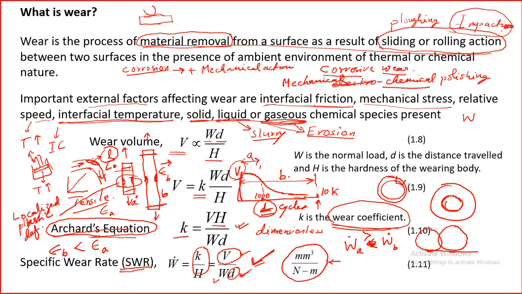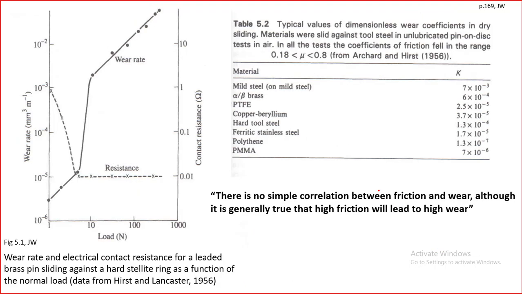This is a similar thing that we are experiencing in the case of wear measurement. As a standard, please keep all the parameters, including the sliding distance, fixed. Now we have some data here. Whenever I write here, please know that this is the reference where I am taking this figure from.